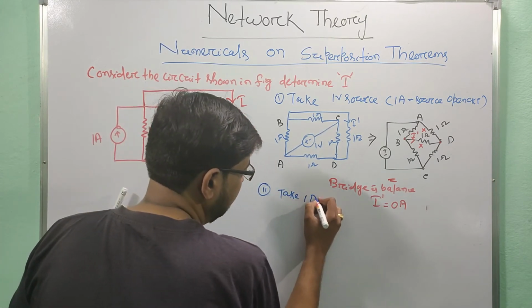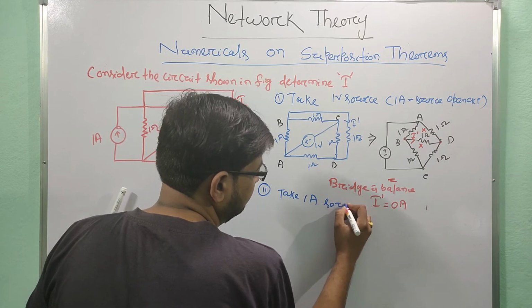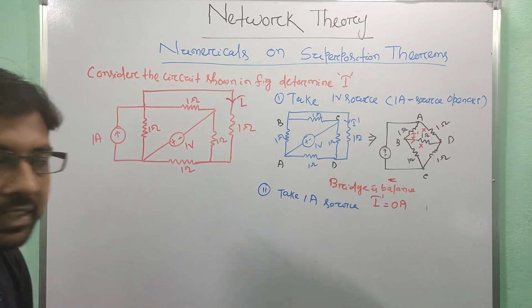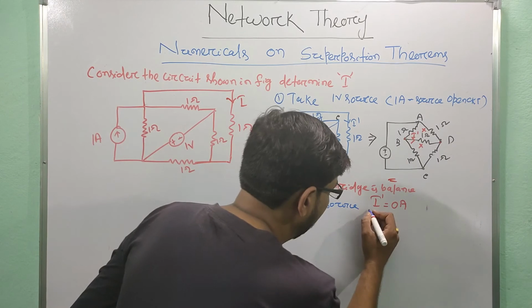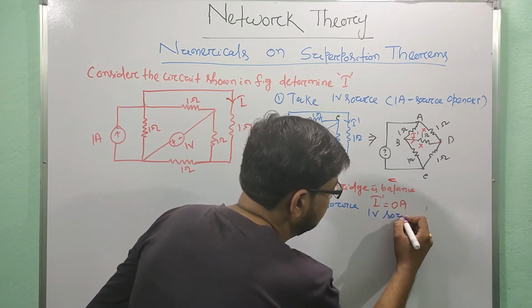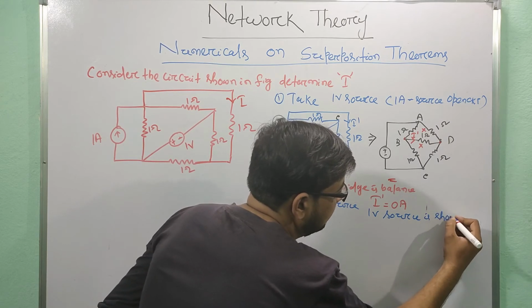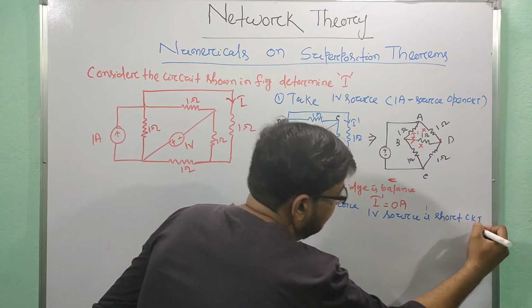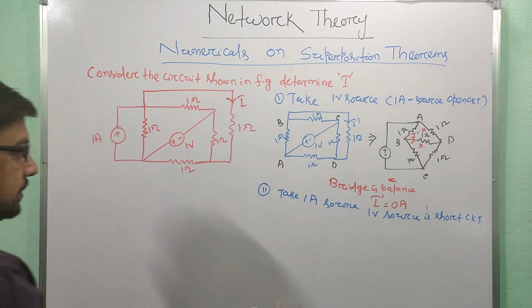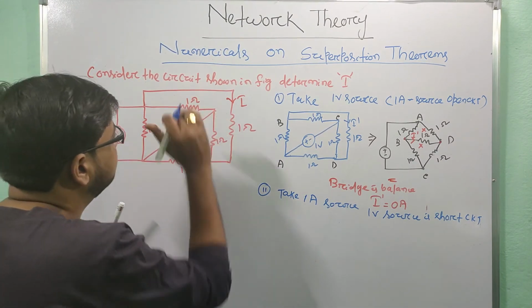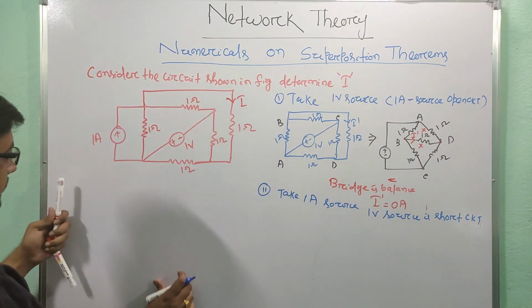now the 1 ampere current source. If I am taking the 1 ampere current source, then what will happen now, the 1 volt source is short circuited. Now for short circuiting the 1 volt source, what is my circuit?